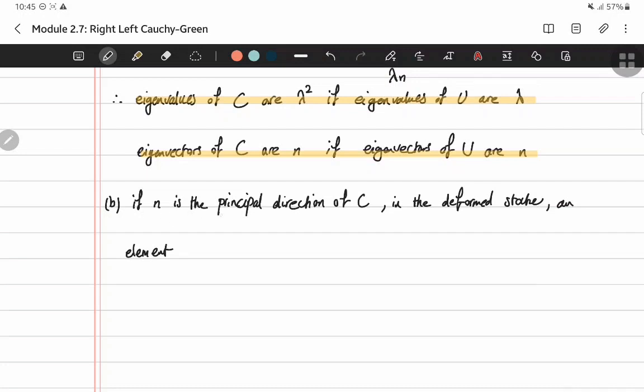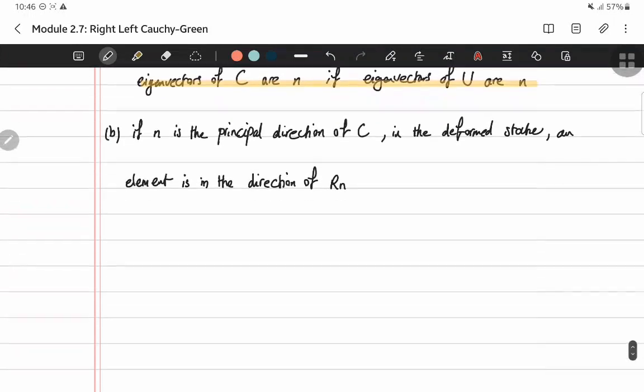Here it says that if you have an element in the reference configuration in the direction of n, where n is a principal direction of C, then in the deformed state, that element becomes in the direction of Rn.